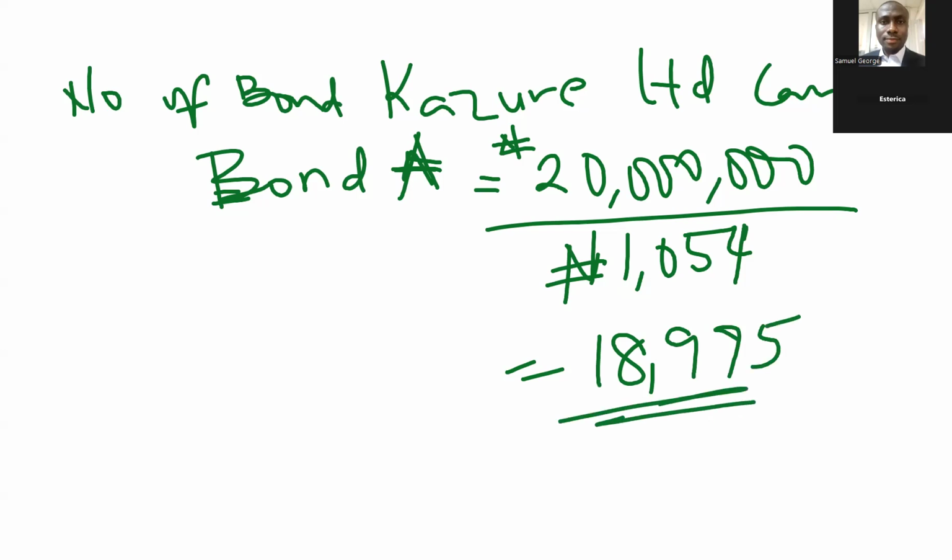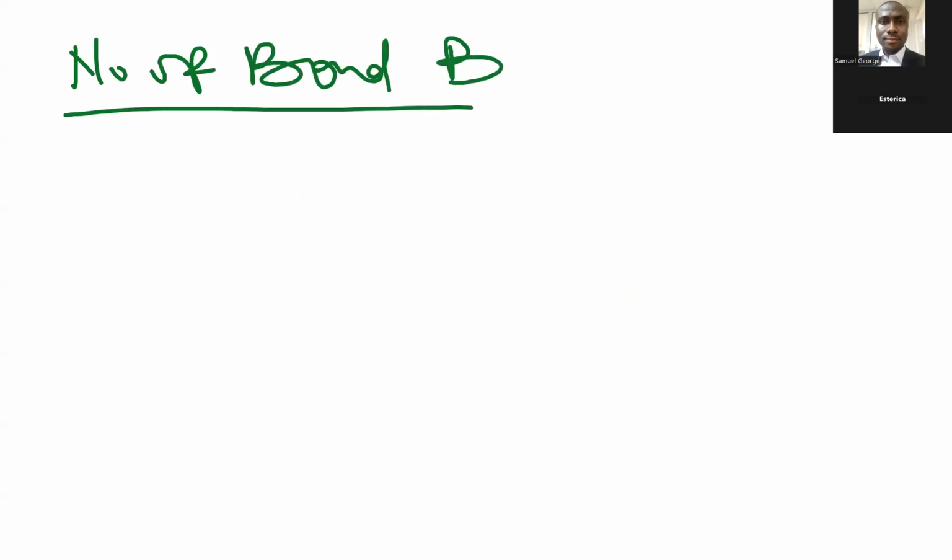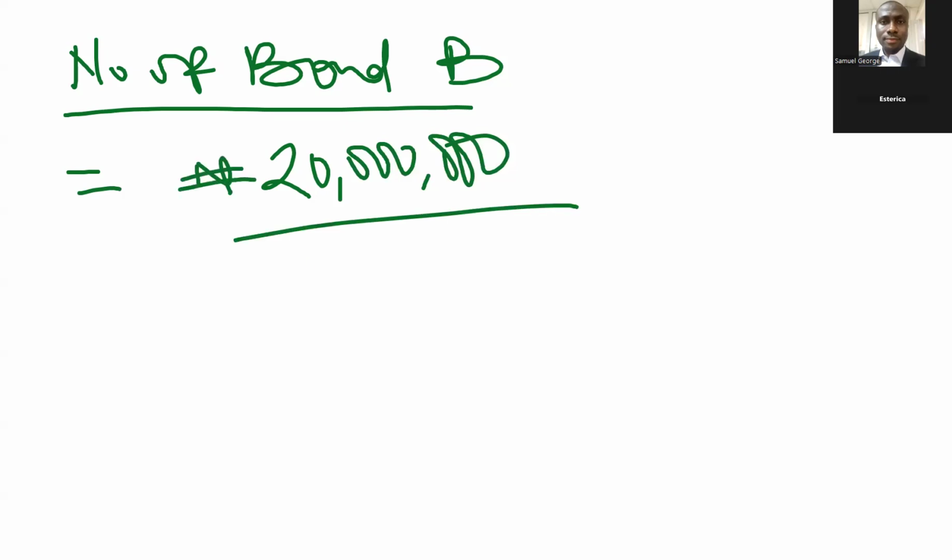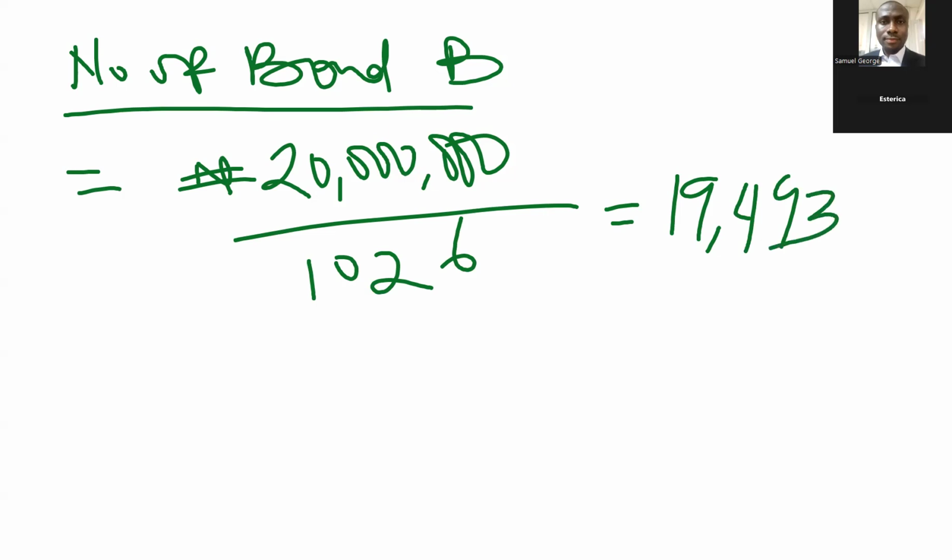For bond B, the number of bond B is equal to 20 million divided by 1,026, so 19,493 bonds.